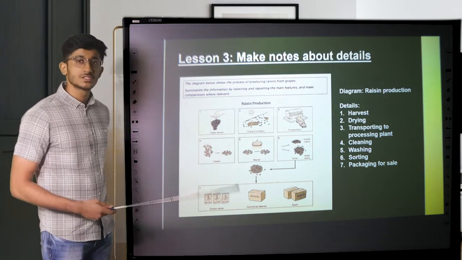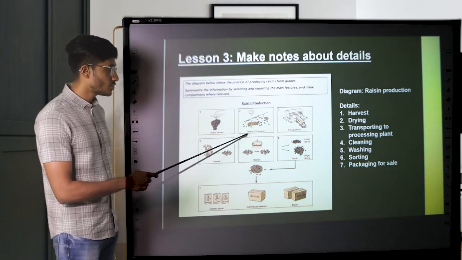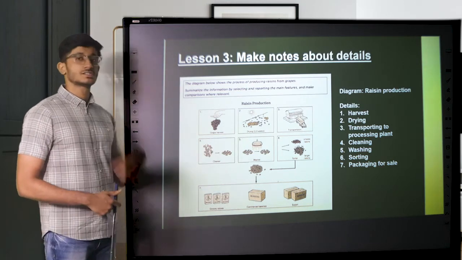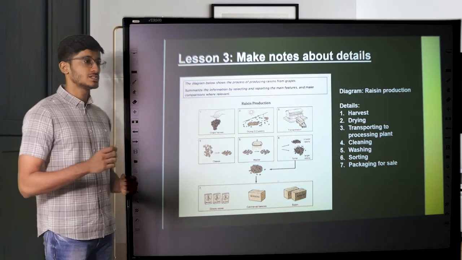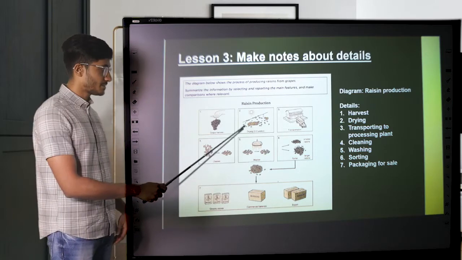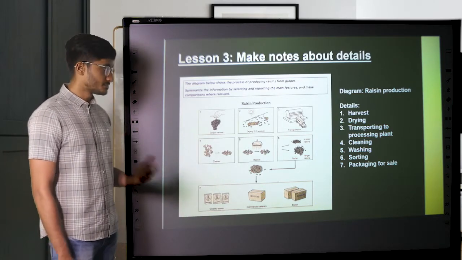So the first picture talks about the harvesting of the grapes. Then it shows drying for 2-3 weeks. So now this is just the planning process, so you don't have to write down every detail. You can just write the first picture shows the harvesting, the second picture shows the drying or raisins being dried.